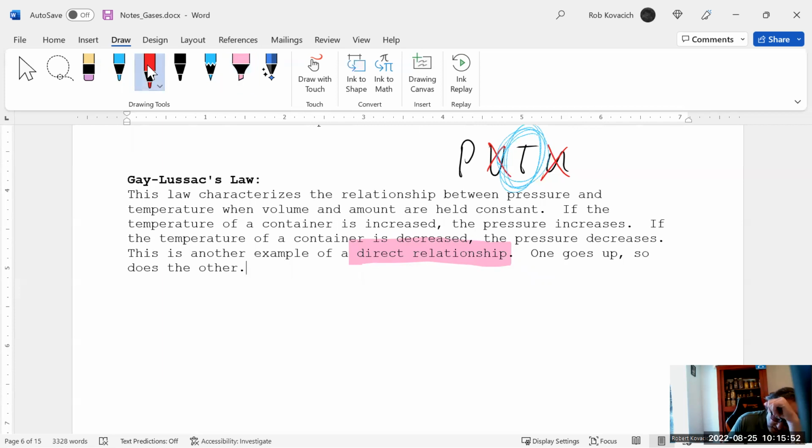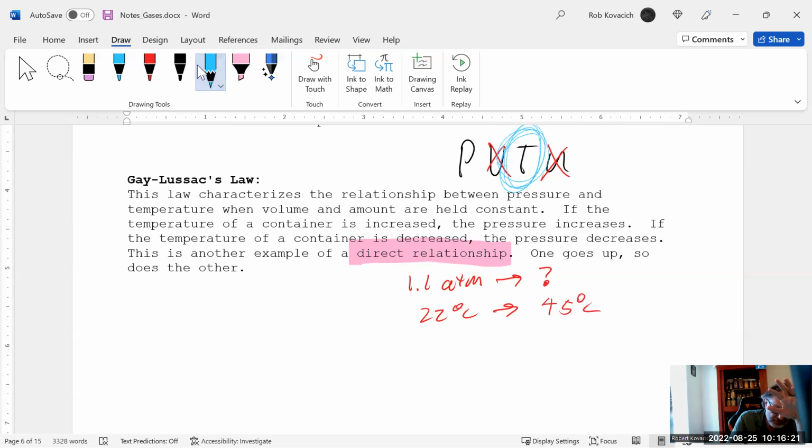So if I've got, let's say the pressure is 1.1 atmospheres, and I want to know what the new pressure is. I'm going to start off with a temperature of room temperature, 22 degrees Celsius, and the temperature is going to increase to, like a really hot day, let's say 45 degrees Celsius.